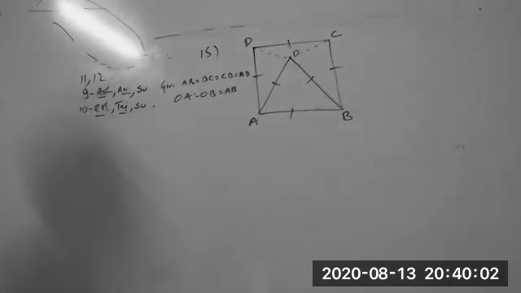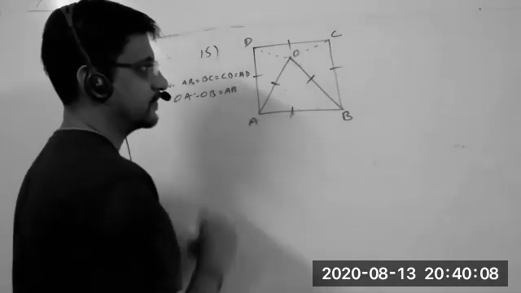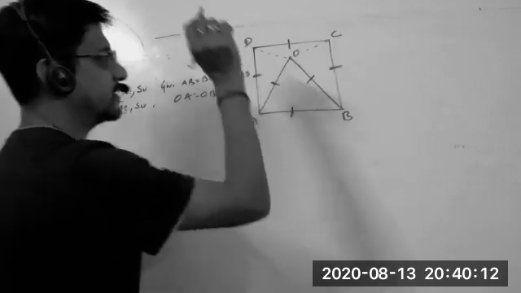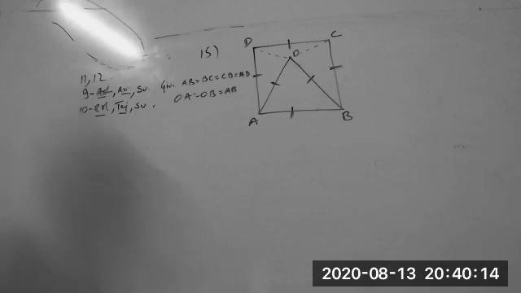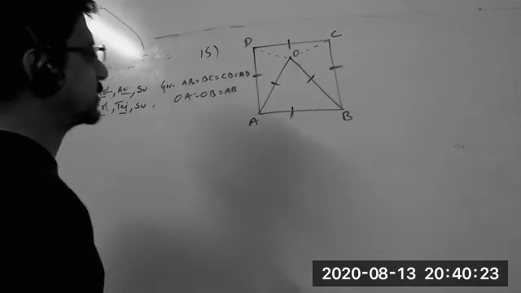All sides are equal. When this is an equilateral triangle, all three sides are equal, and in a square everything is equal. Now you have to show that OCD is an isosceles triangle.